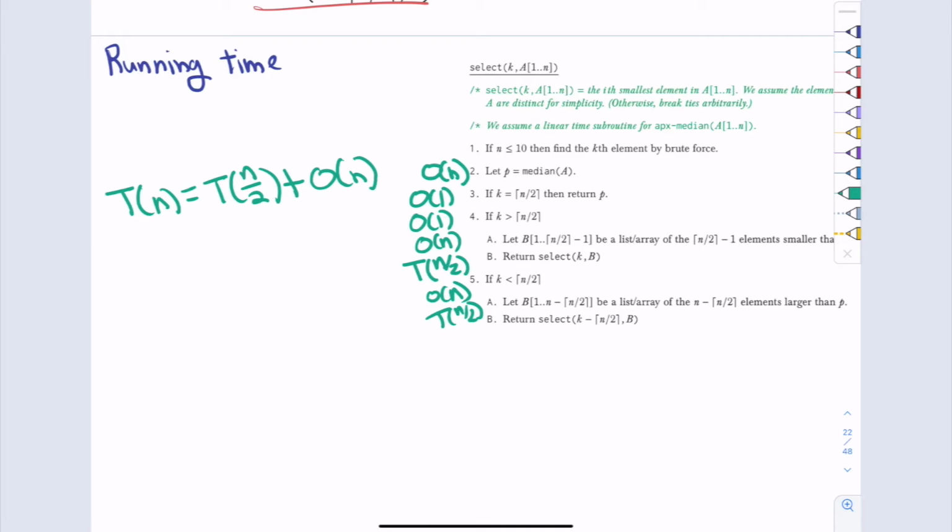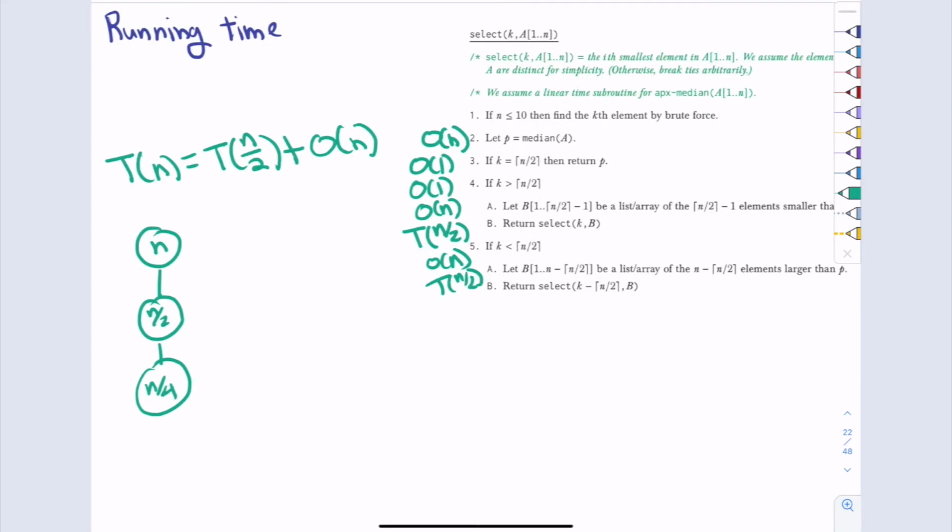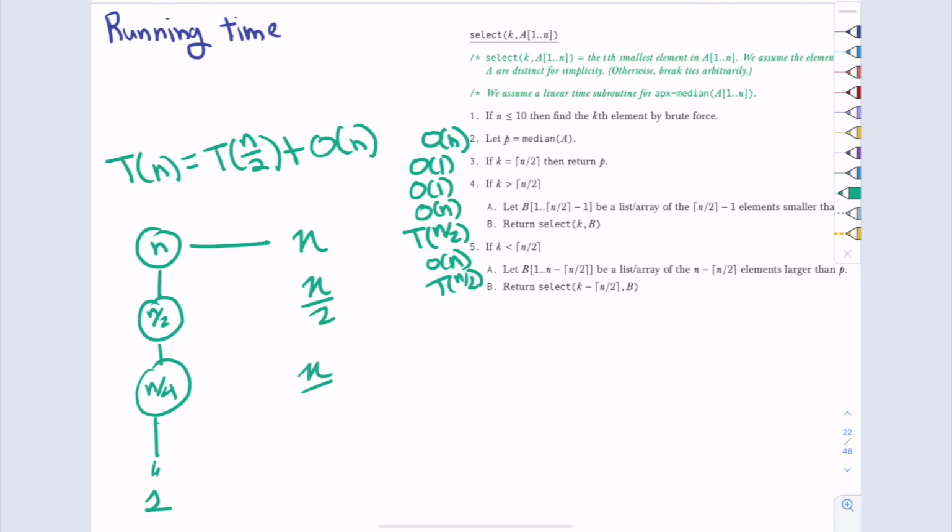Okay, pretty simple recurrence. You guys can probably eyeball this and tell me what the running time is. The recurrence tree wouldn't be very interesting. We have a problem of size n, problem size n over 2, problem size n over 4, all the way down to 1. The amount of work on this level is n over 2, n over 4, all the way down to 1.